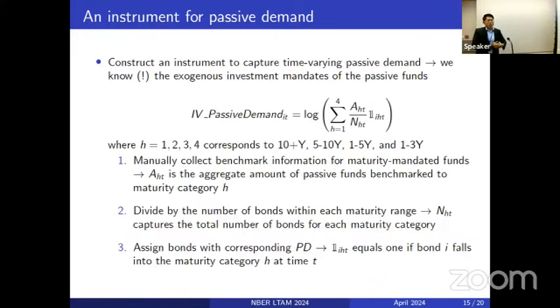Essentially, we manually collect the benchmark information for all these maturity-mandated funds. And then we divide the total assets under management for each maturity bucket by the number of bonds available in each category so that we take into consideration the supply effect. And finally, we assign bonds to each maturity category based on their time to maturity.